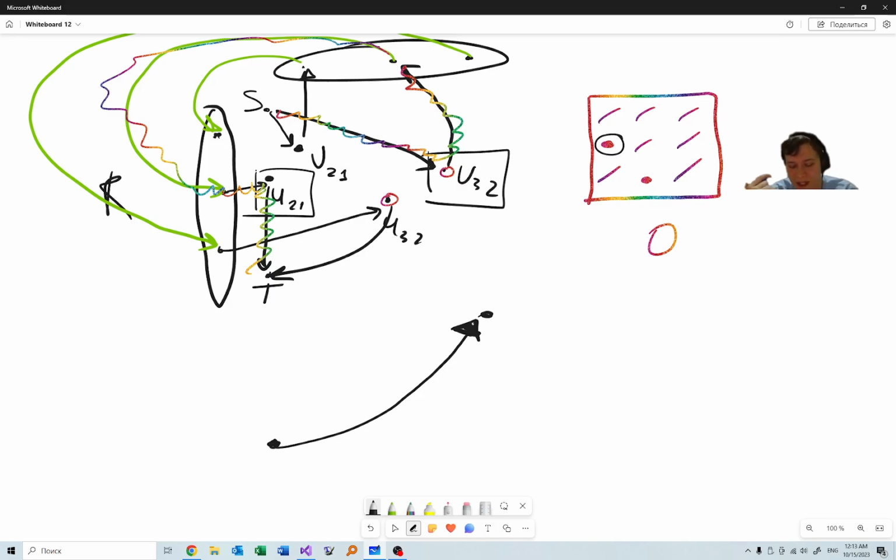But also, if we want this edge to be counted in the maximum flow, if it is used. So how can we do it?